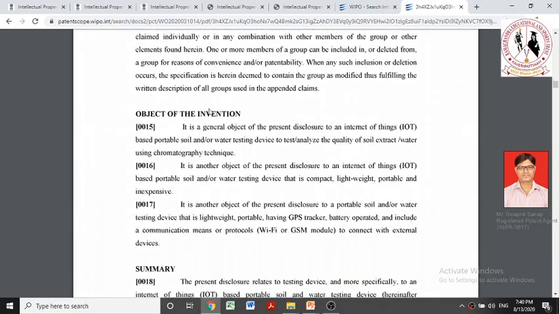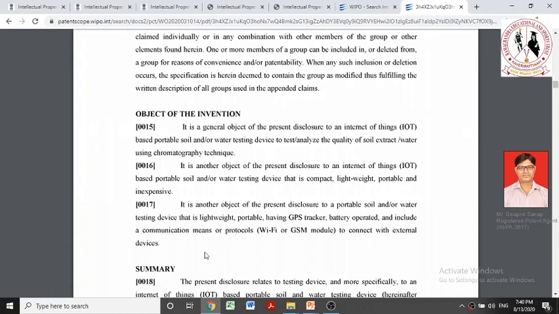Here, objects of the invention, as we discussed, can be either written in the summary or can also be a part of a separate section in the patent specification. So here this person, as the drafter, has chosen to write the object separately, but it is not mandatory to have it separately.